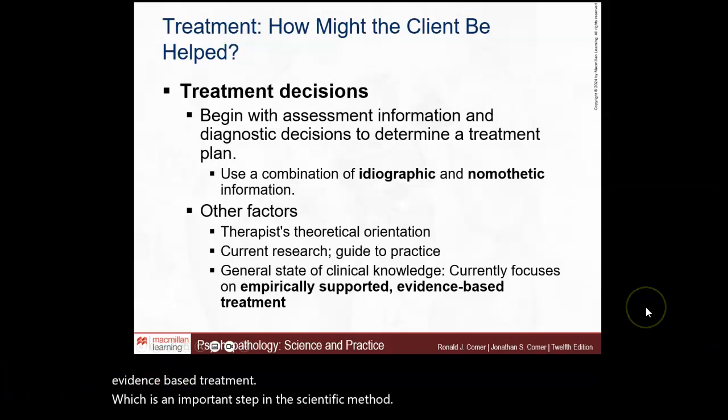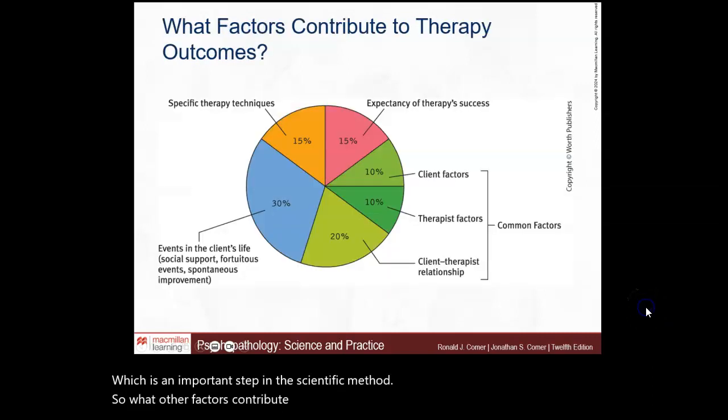So what other factors contribute to therapy outcomes? Well, we can see events in the client's life, 30%. Specific therapy techniques, 15%. Expectancy of the therapy success, 15%.